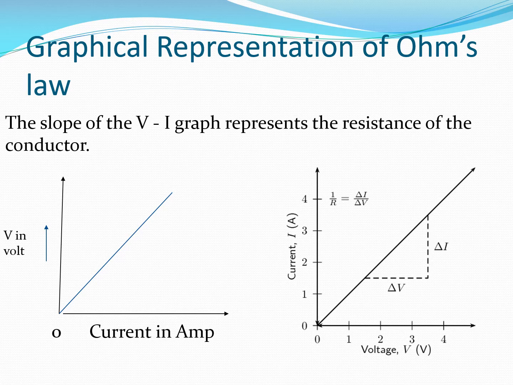Delta is change. That I can also calculate from the voltage axis scale. And that is equal to 1 by R. So how do you calculate R? R will be the reciprocal. R will be delta V by delta I. And the unit is ohms. Please look at it properly because you need to do it in your practical classes.